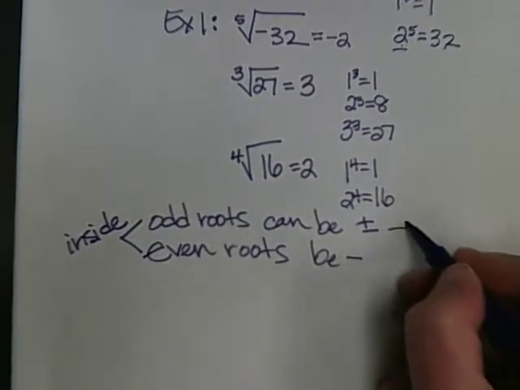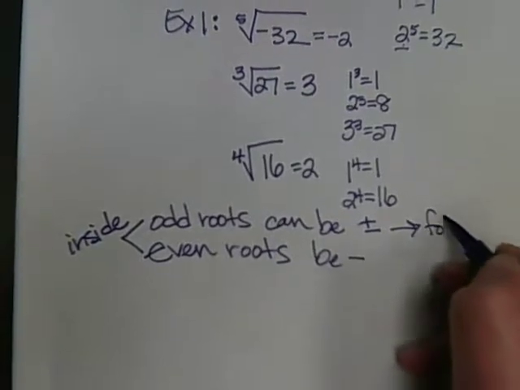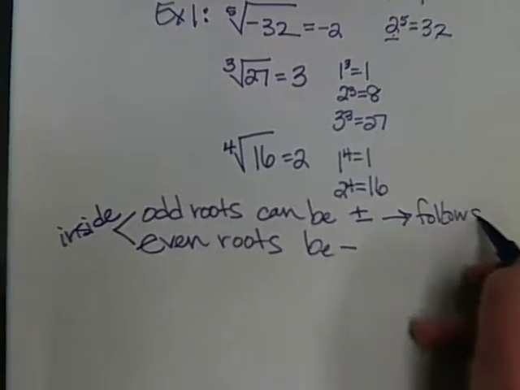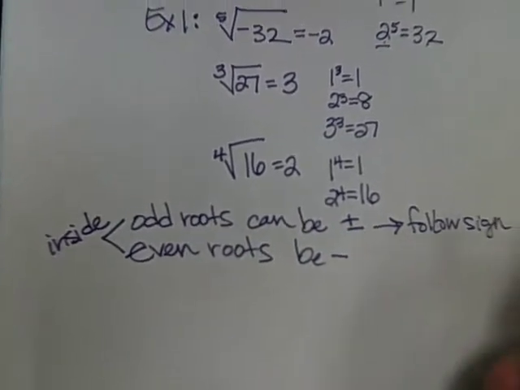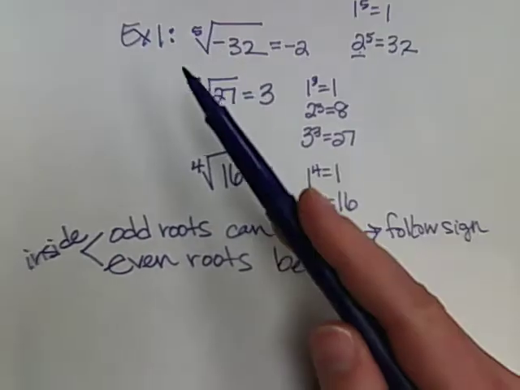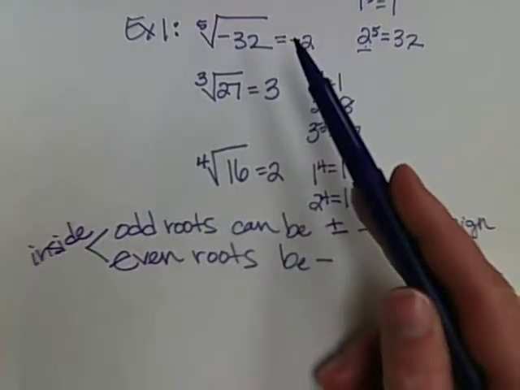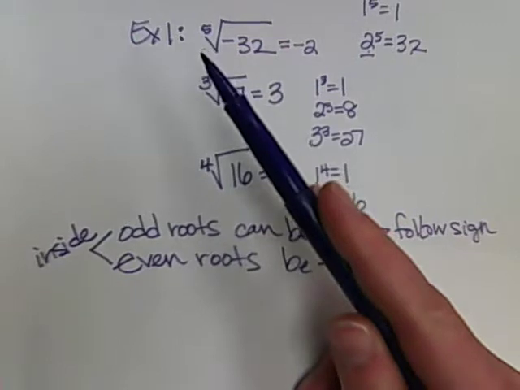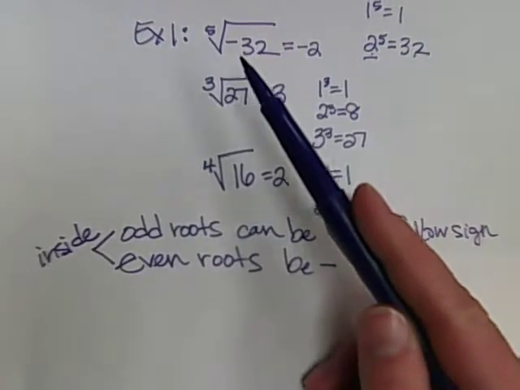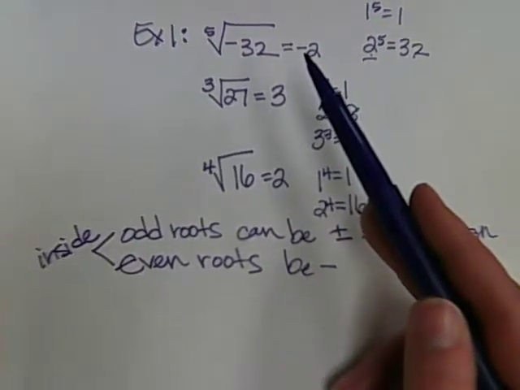Then what you get, you'll follow the sign. Here, the fifth root of negative 32 is negative 2. If it had been the fifth root of positive 32, it would have been positive 2.